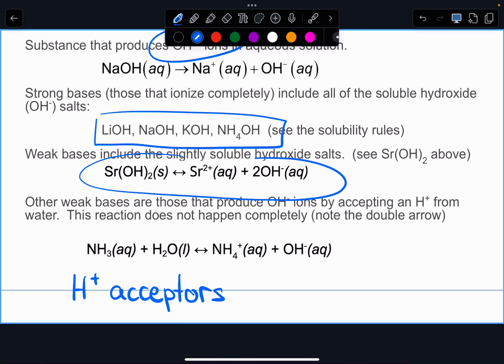The way that the strong bases, and really any hydroxide salt, will produce hydroxide in solution is just by dissolving, just like sodium chloride would. If sodium chloride goes into water, it makes sodium plus and Cl minus. If sodium hydroxide goes into water, it makes Na plus and OH minus.